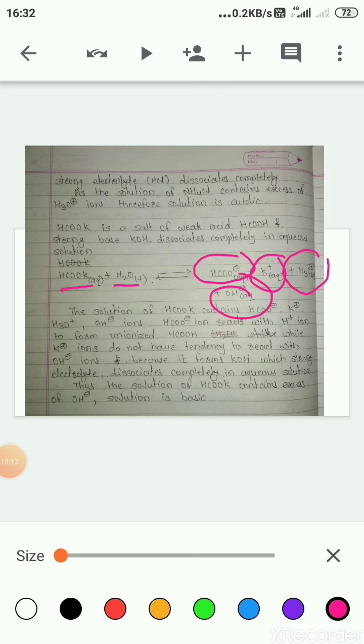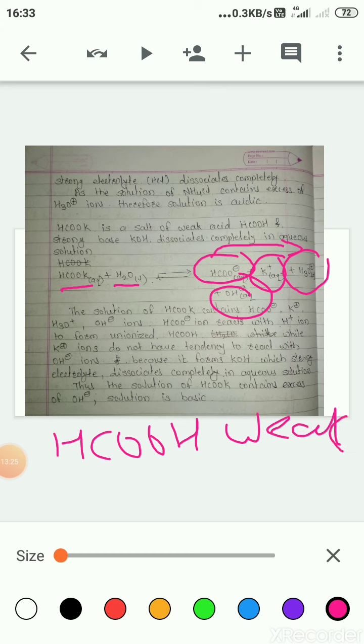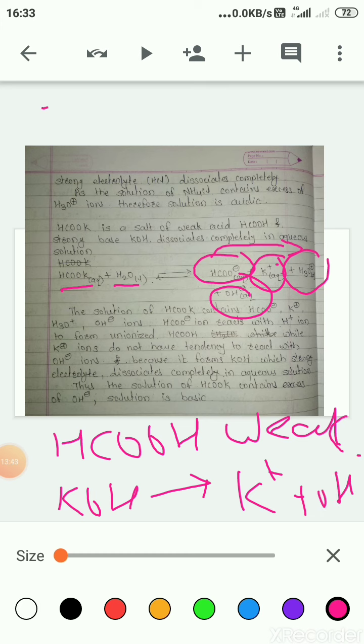Now here the formate ion and hydronium ion combine to produce HCOOH, formic acid, which is a weak electrolyte, while K plus and OH minus combine to produce KOH, which is a strong electrolyte and can dissociate again into K plus and OH minus.